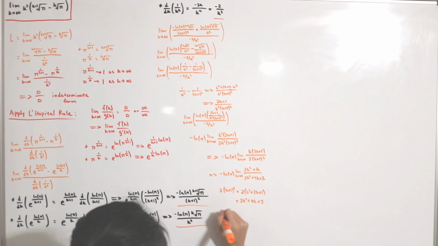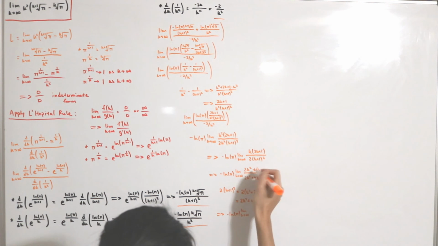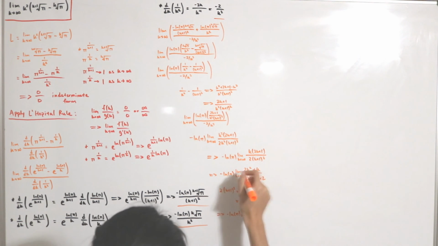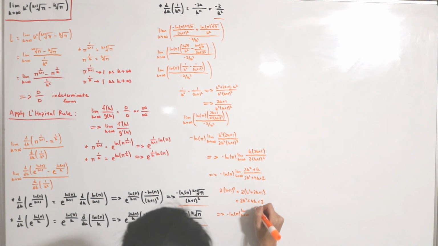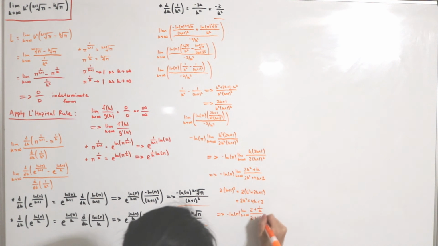So over here is negative ln of pi, then the limit as k approaches infinity. So I divide k squared into both the numerator and denominator. Okay, that's 2 plus 1 over k, and then we divide this by 2 plus 4 over k plus 2 over k squared.